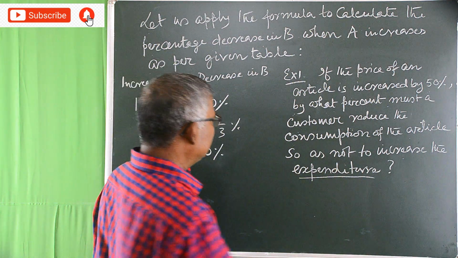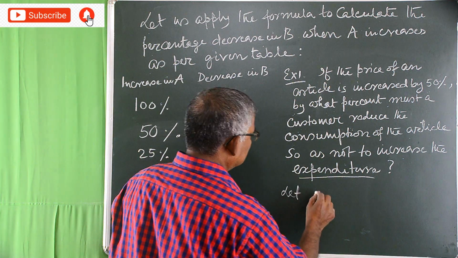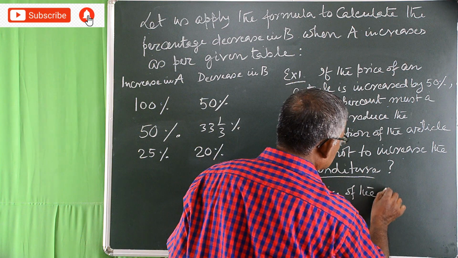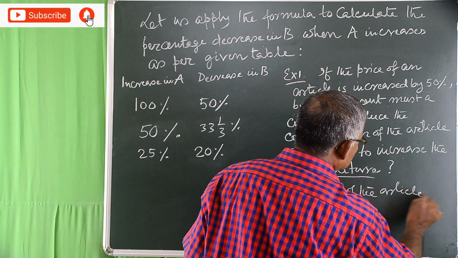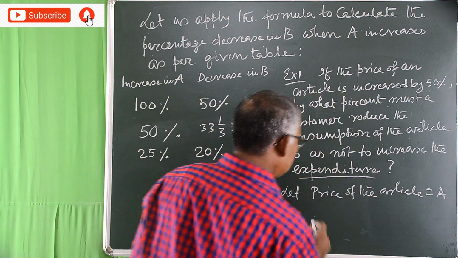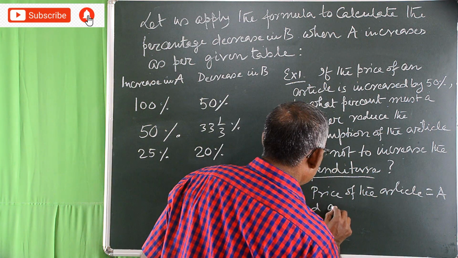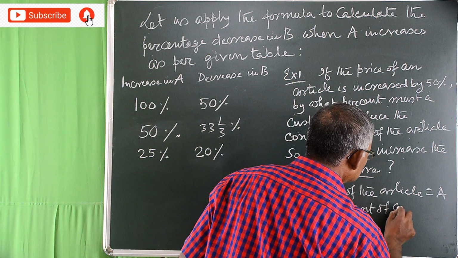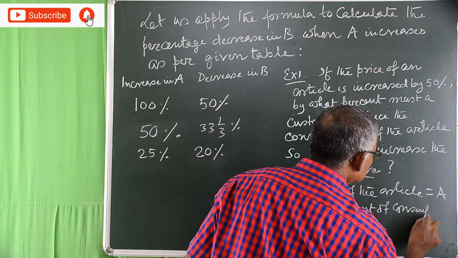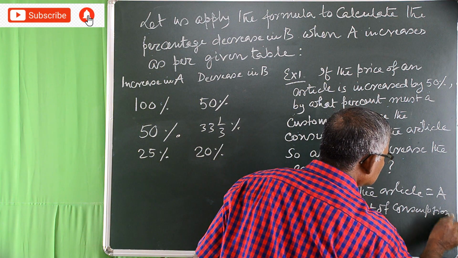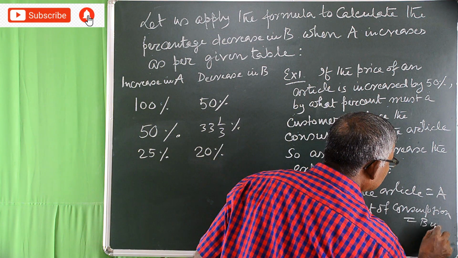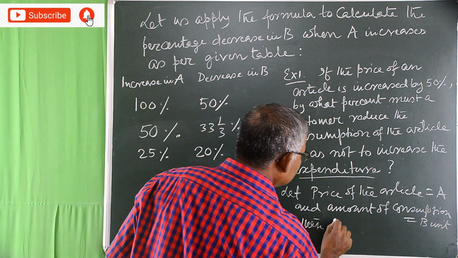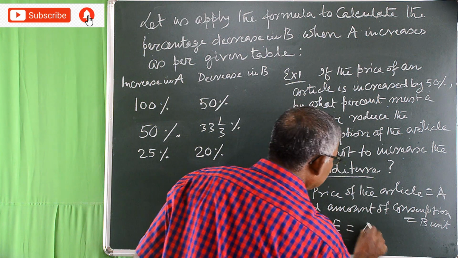Students, let the price of the article equal to A and amount of consumption equal to B units, then expenditure E equal to A into B.